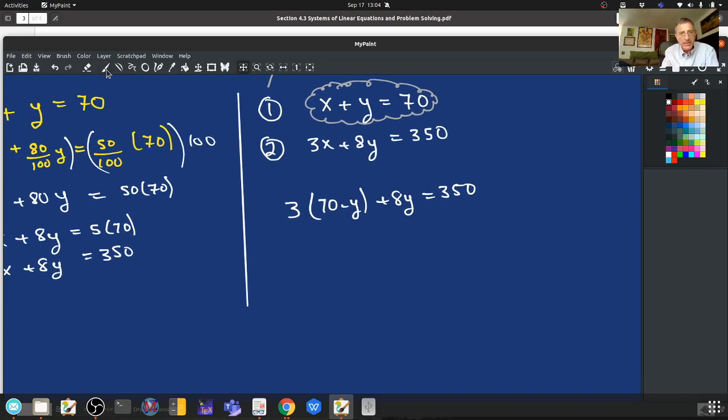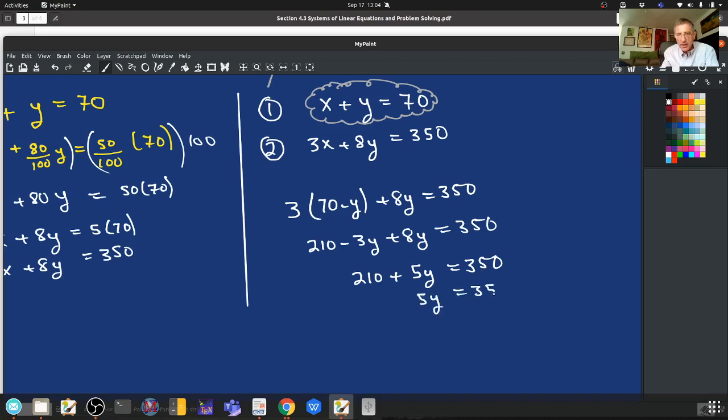So 3 times 70 is 210, and 3 times minus y is minus 3y, plus 8y is equal to 350. So let's collect like terms first. 210 minus 3y plus 8y is 5y, is equal to 350. Now I'm going to move 210 to the other side, and it becomes negative.